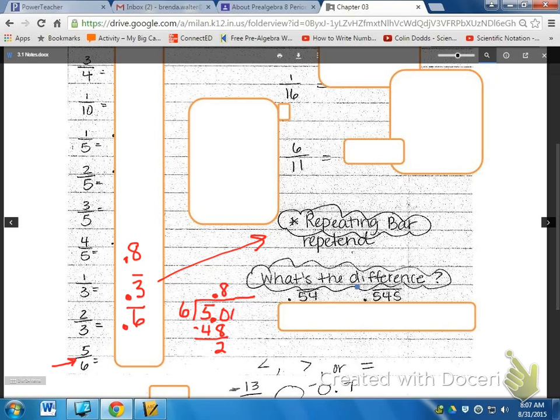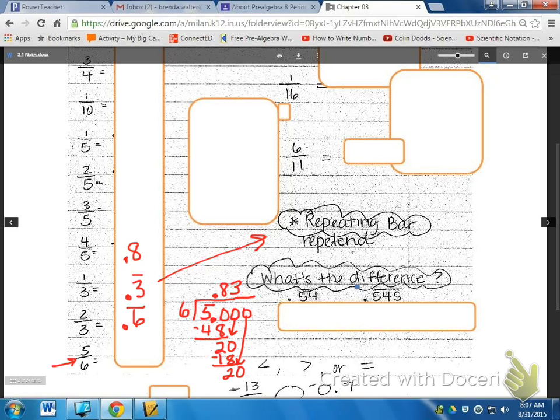So I'm going to add a 0. And what you're going to do on these today is you're going to keep dividing until it stops or until it repeats the same digits over and over. So, Braxton, how many times does 6 go into 20? 3 times. 3, which is what? 18. So when I subtract, I have 2 left over. So you add a 0 and you bring that down.